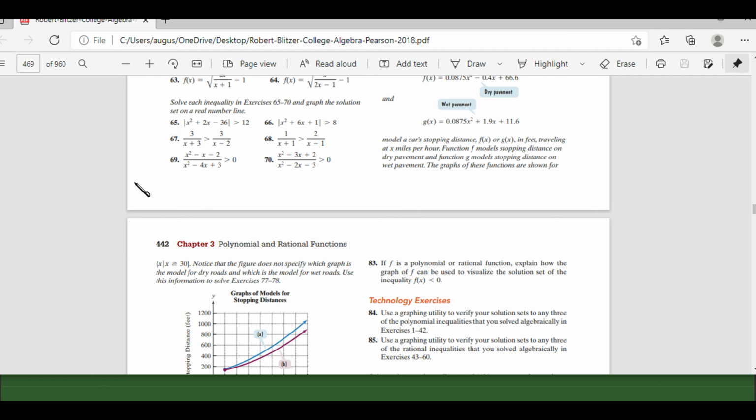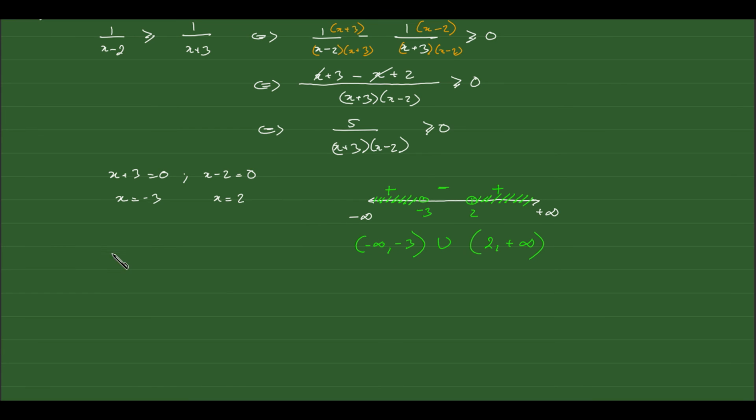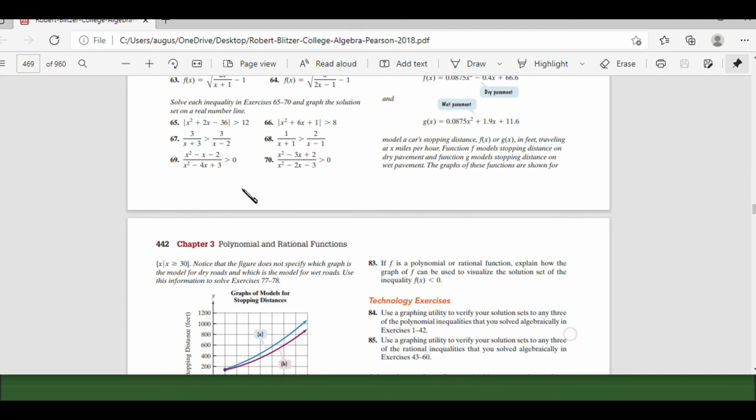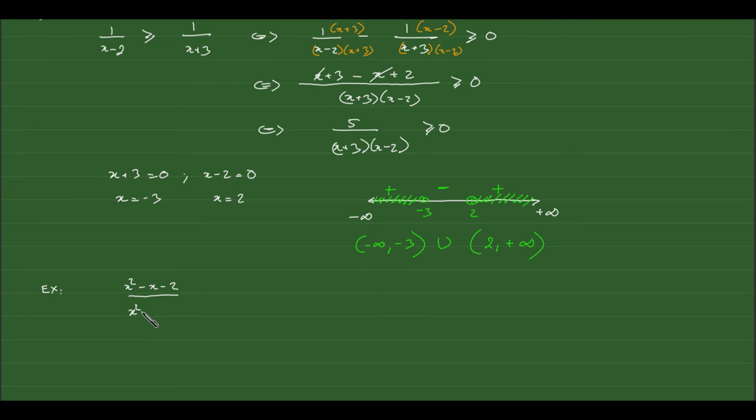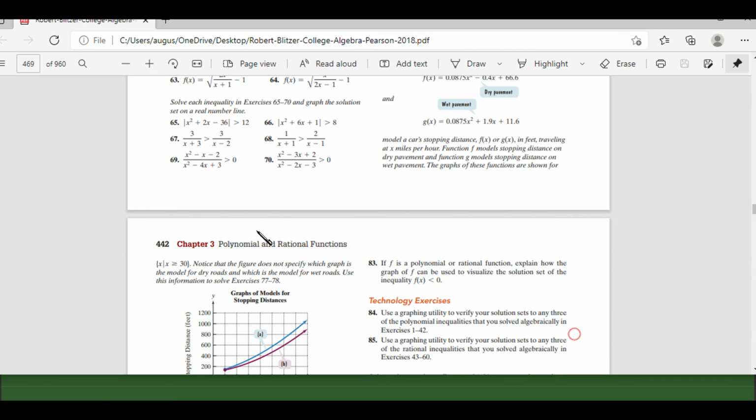It's a great problem right here: x squared minus x minus 2 over x squared minus 4x plus 3, greater than 0.